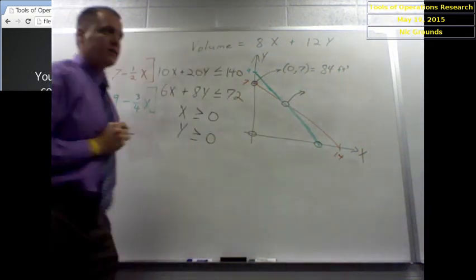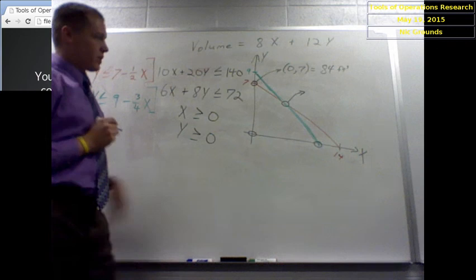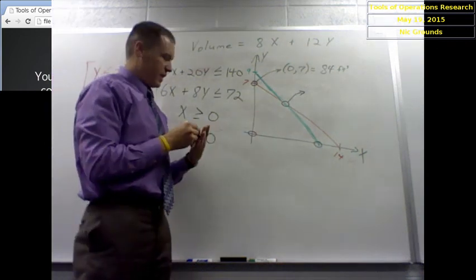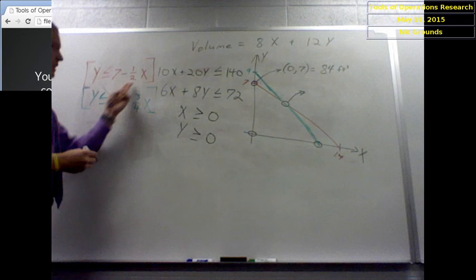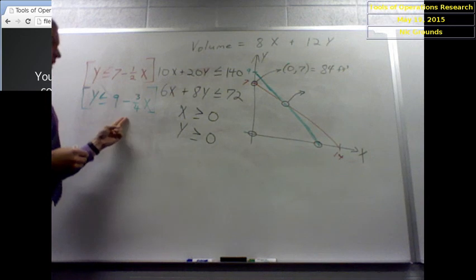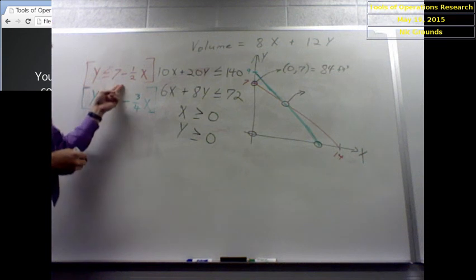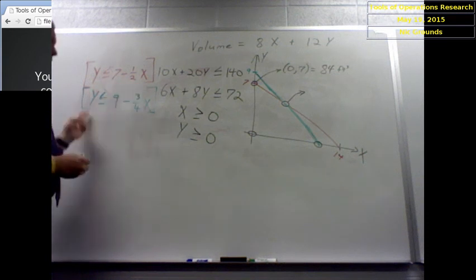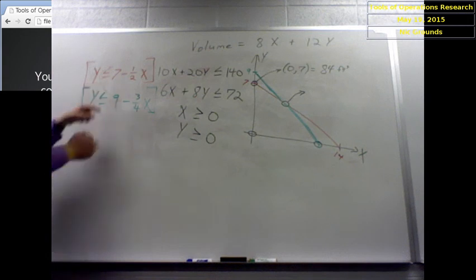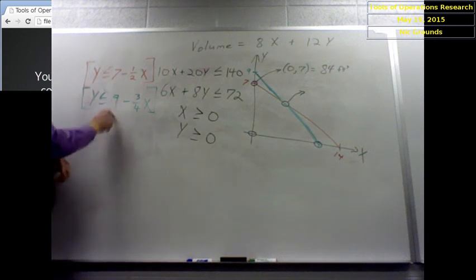Let's solve for that point there. So that's where the green line and the red line meet up. Well, we have a green and red equation here. Okay, so we can solve for one and just put the value in for the other. Basically we're going to say, where do these two equations equal each other?